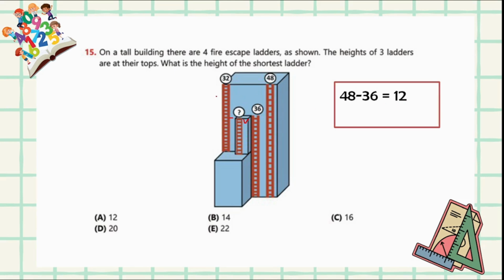It means the length of the upper part of the first ladder is 12. If we subtract this 12 from 32, the answer is 20. So the length of the second ladder is 20. So option D is the correct one.